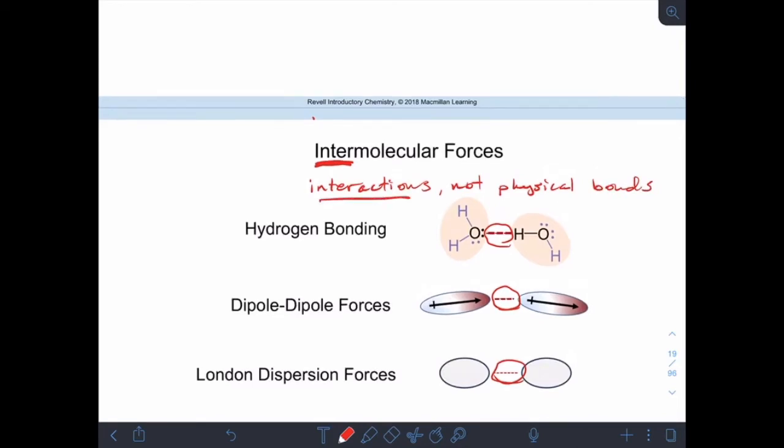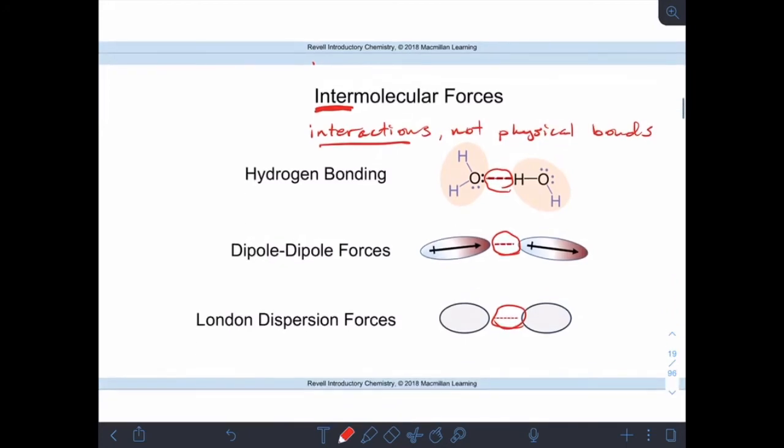So these molecules are, it's almost like they're sticking to each other, instead of actually being bound to each other, right? And in the case of solids, those interactions are very strong, and they're strong enough that they are effectively stuck in place. But intermolecular forces are not physical bonds, they're just interactions between molecules, okay?